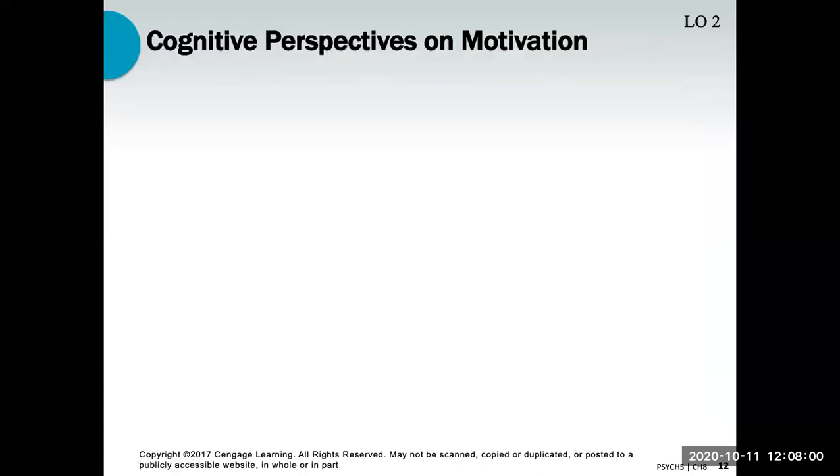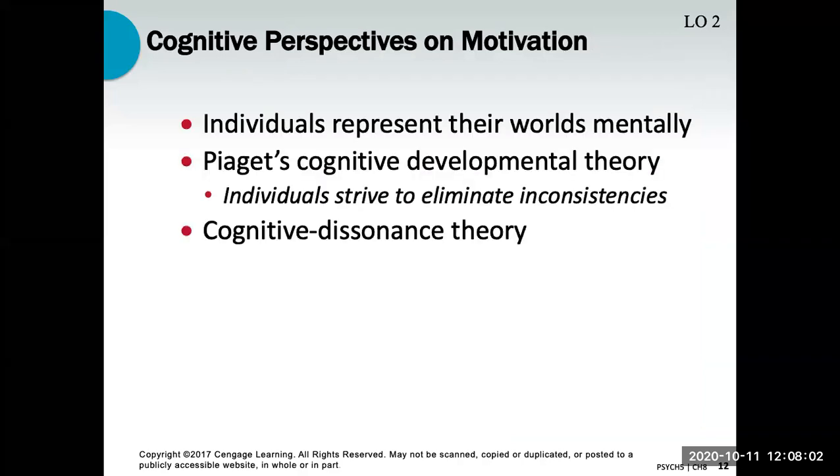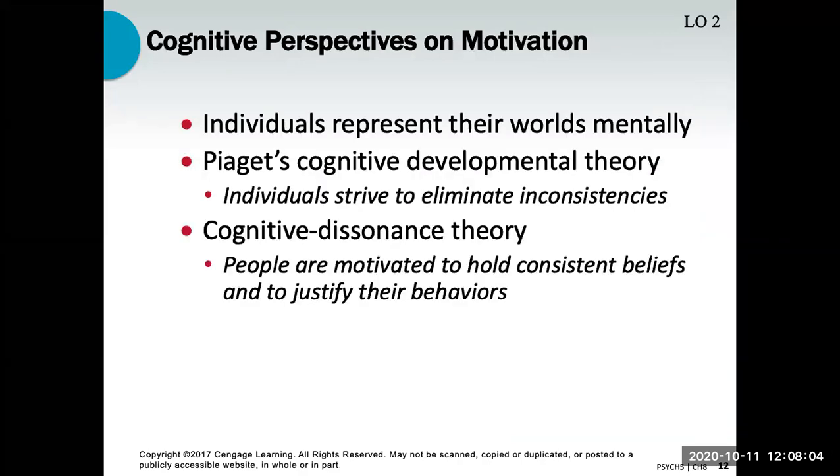All right. So this is slide 12. And the thing that I want to talk about on this slide is actually cognitive dissonance theory. I am recording this in the month before the election in 2020. Cognitive dissonance theory basically says that people are motivated to hold consistent beliefs and to justify their behaviors.